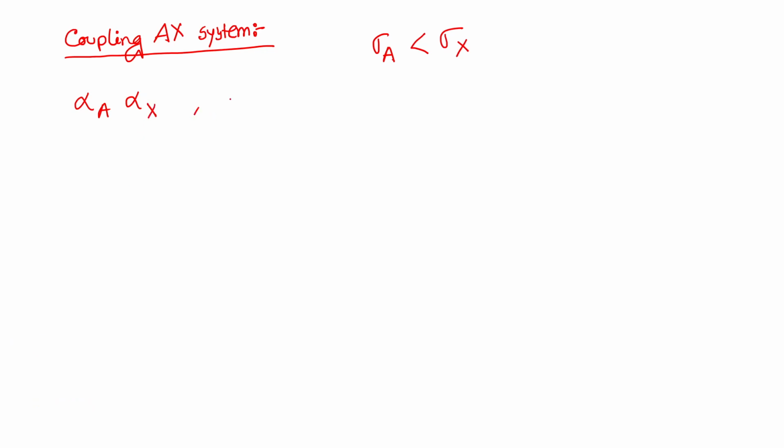What could be the other possibility? A has alpha spin, X has beta spin. Same, A has beta spin, X has alpha spin, and both of them have beta spin, beta A, beta X.